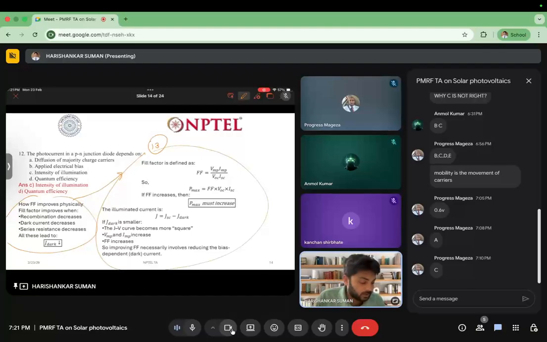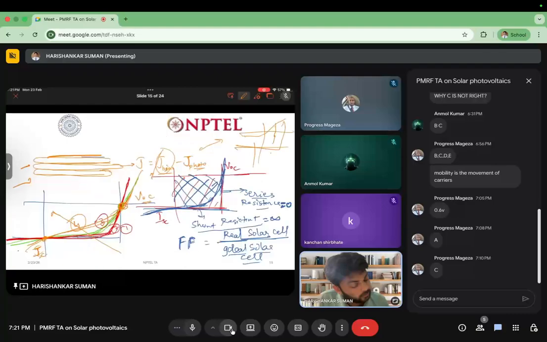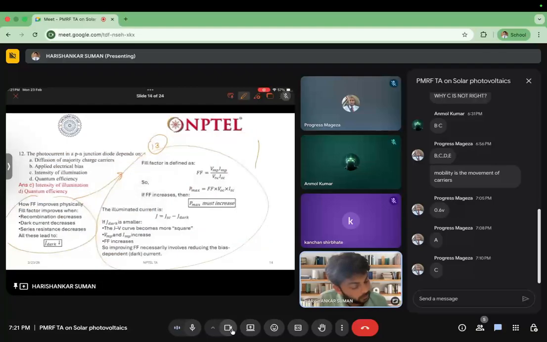Fill factor is defined as VMP times JMP, or IMP, you can say in other words, divided by VOC and JSC. J max or I max, you can say, and V max.